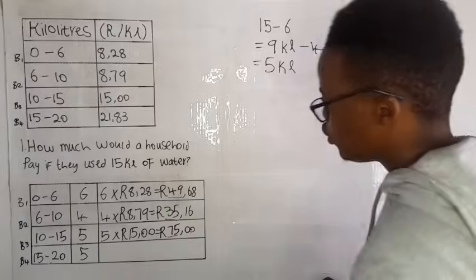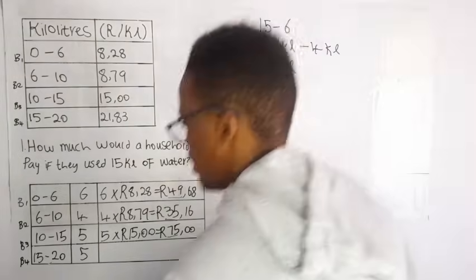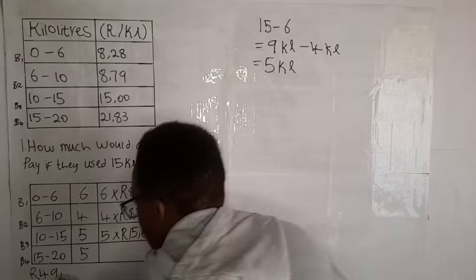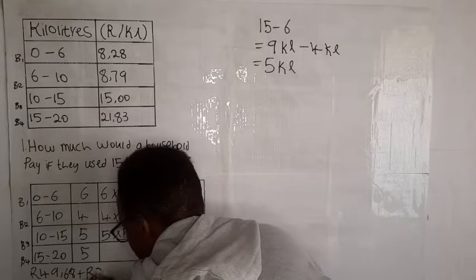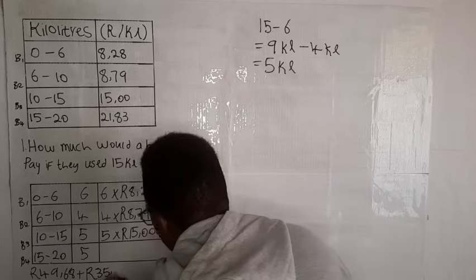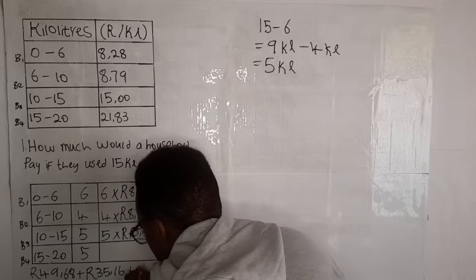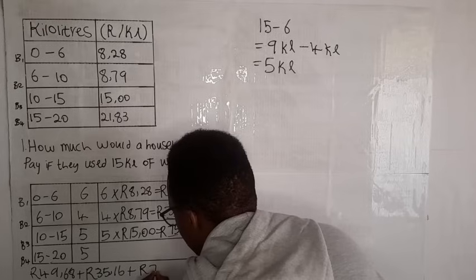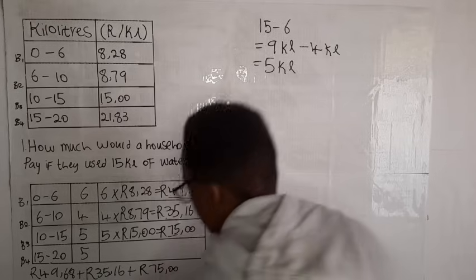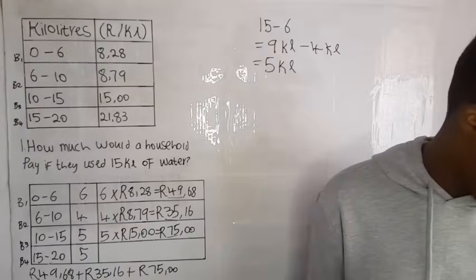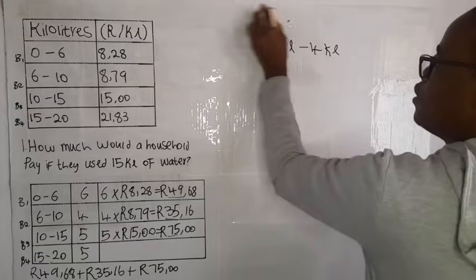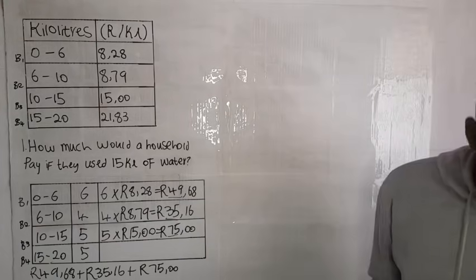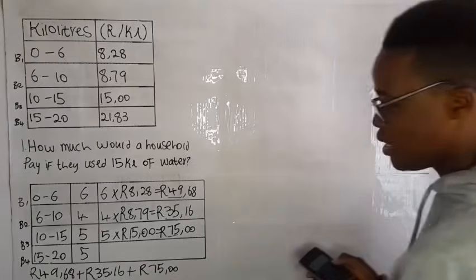So what you do now, you say 49.68 plus 35.16 plus 75. I'm just going to write the answer here. Now that we are done with our scribbler, I can just erase this. Okay, so we add all these numbers together.